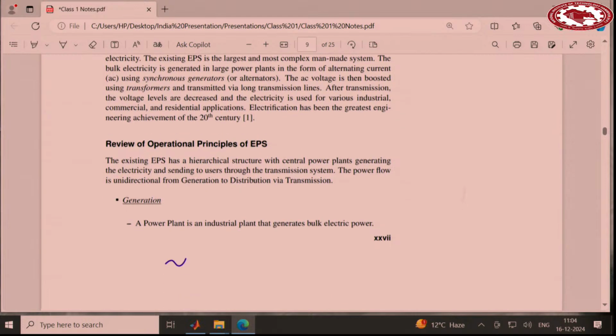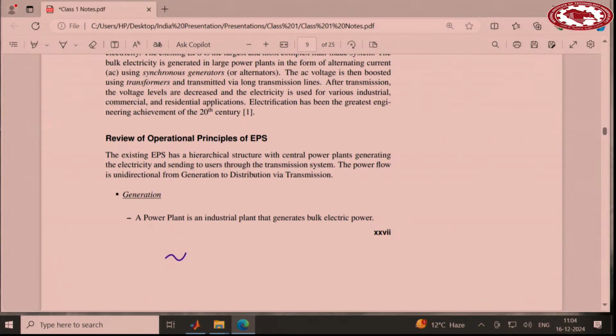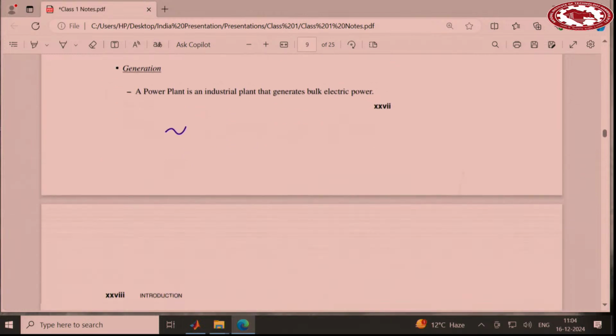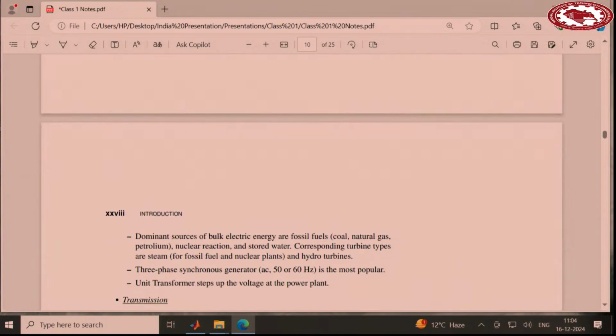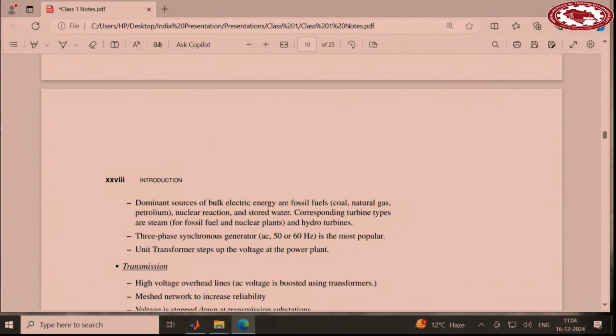So if you look at this statement that I just said, you can immediately see that the power system has three main components: generation, transmission, distribution. So it's a hierarchical system. Generation is basically a power plant that generates bulk electricity. When we say generate, it's not generation, it's conversion, because energy you do not generate, you convert from one form to another.